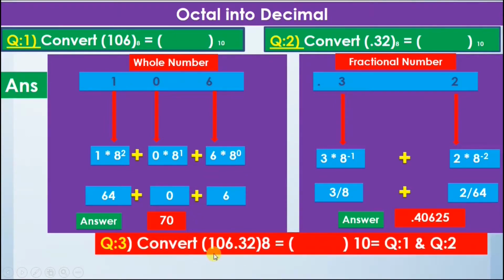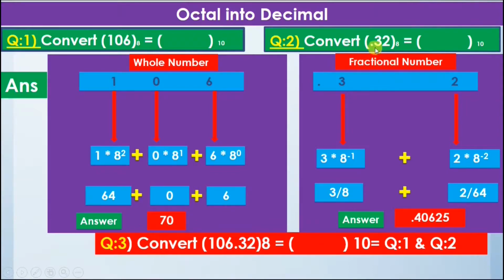Here we can see that we are given a number that has a whole part as well as a floating point part. The answer of the whole part 106 will be calculated using the whole number part. As we know, the answer of 106 is 70. And the number 0.32 is calculated using the fractional number part.